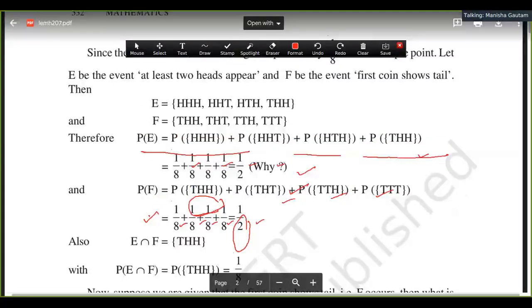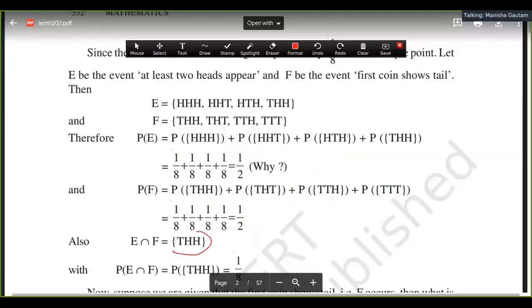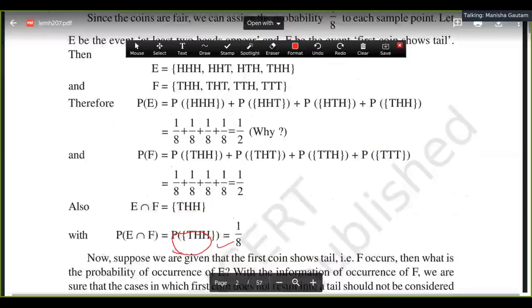The common part of these two events is the outcome THH. So only one element is common. So the probability is: 1 is a favorable case and total elements are 8, so 1 upon 8.